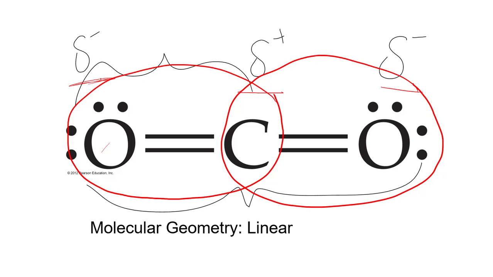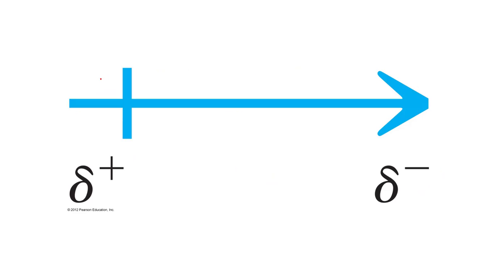But is the whole thing polar? What that means is if a molecule is polar and you put it in an electric field, it'll orient itself with the field, where the positive end of the molecule is oriented toward a negative end of the field and vice versa. And so in order to do this, we're going to think about how the bonds are arranged in space, and that's where the VSEPR configurations come into play.